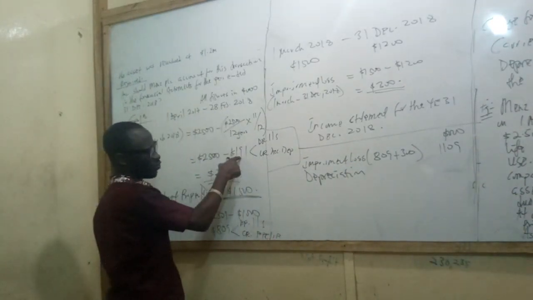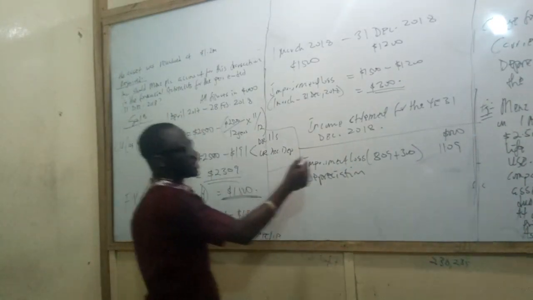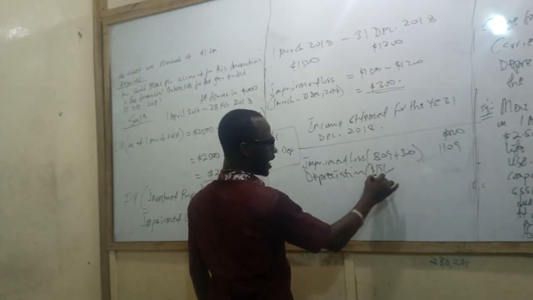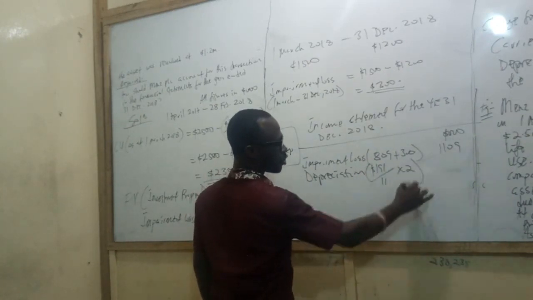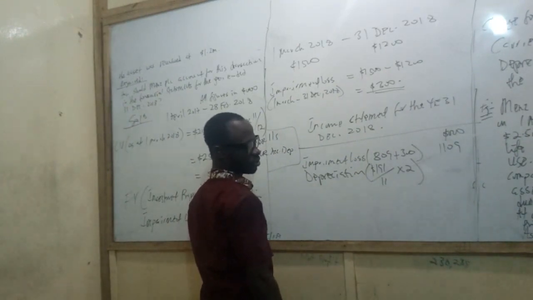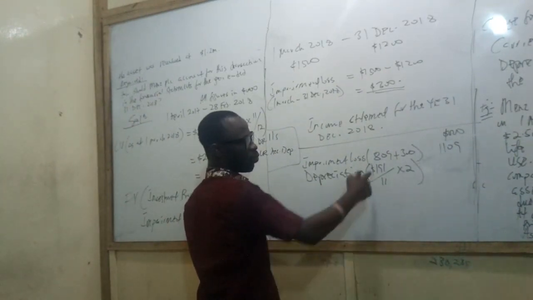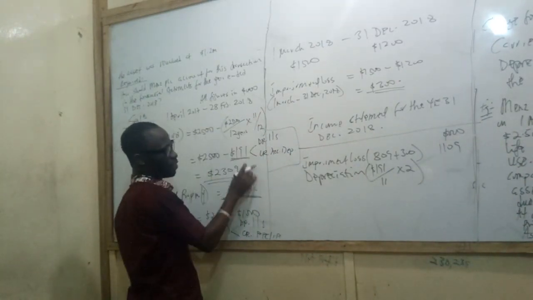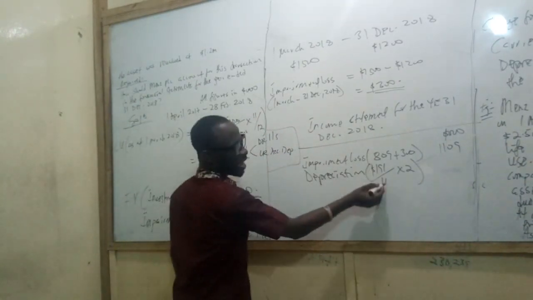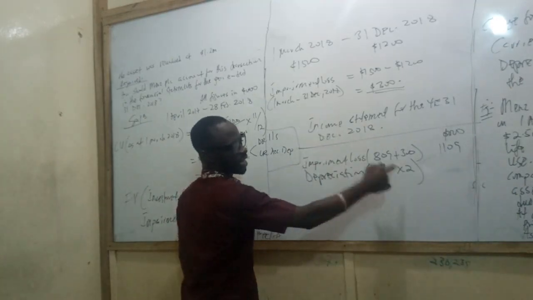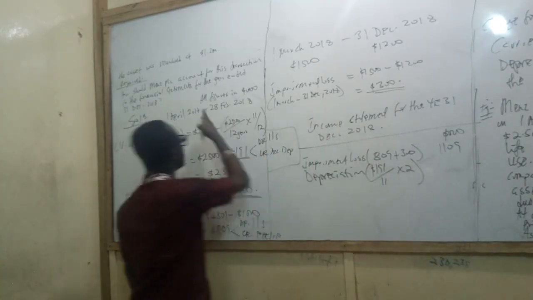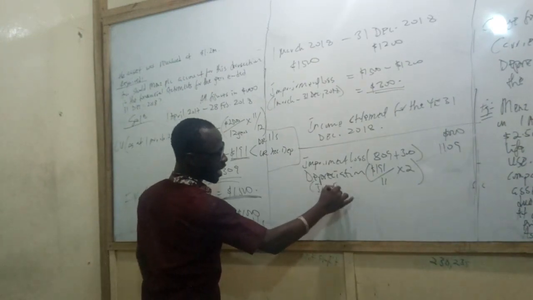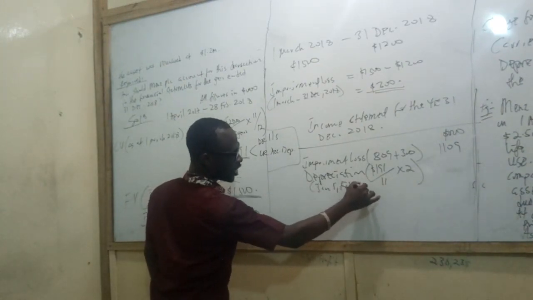So if this thing is for 11 months, then 2 months depreciation will be what? So 191 over 11 times 2. Sounds good? 191 divided by 11, because this 191 is for 11 months, isn't it? So when we divide it by 11, we get for each month. Then we multiply it by 2, because January and February is 2 months. So Jan and Feb 2018. What do we have?